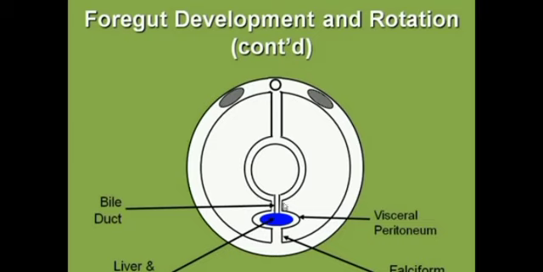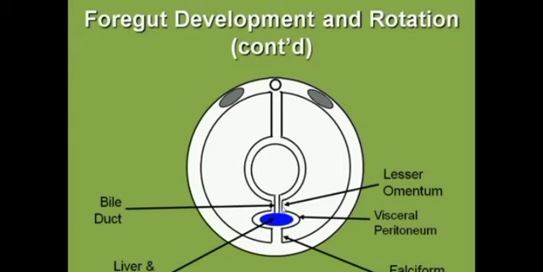And that part of the ventral mesentery between the gut tube and the liver is going to be called the lesser omentum. So now we're saying that not only is visceral peritoneum derived from ventral mesentery, but also falciform ligament and lesser omentum are derived from ventral mesentery.